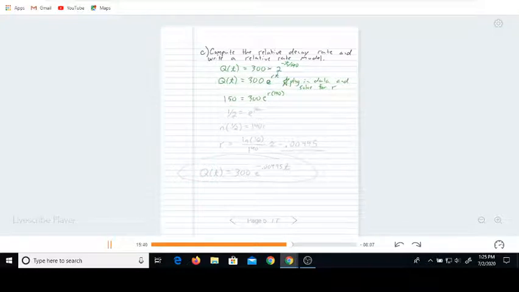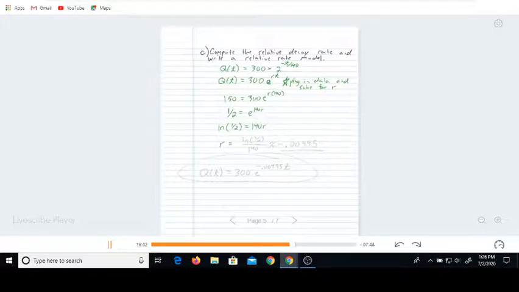So what I did there is plug in a known time and quantity value, and then we can solve for that unknown constant. So we can divide both sides by 300, which gives us 1/2. Go ahead and change it to a logarithm. Divide by the constant, and there we have it.